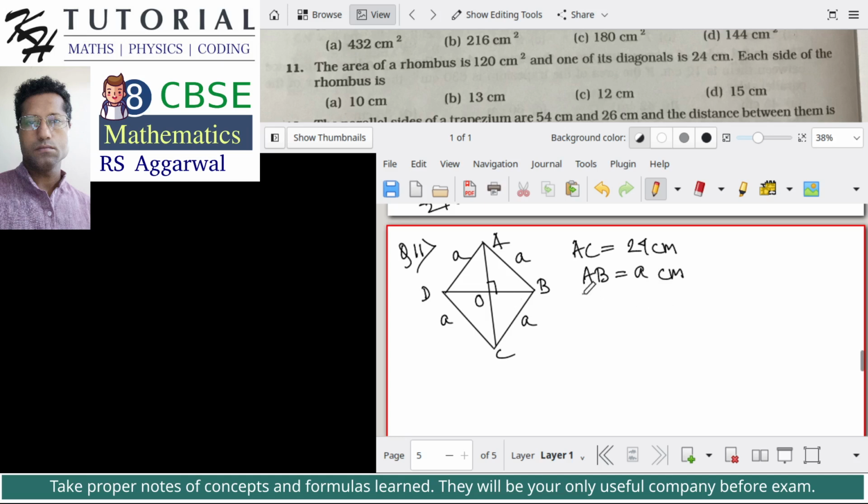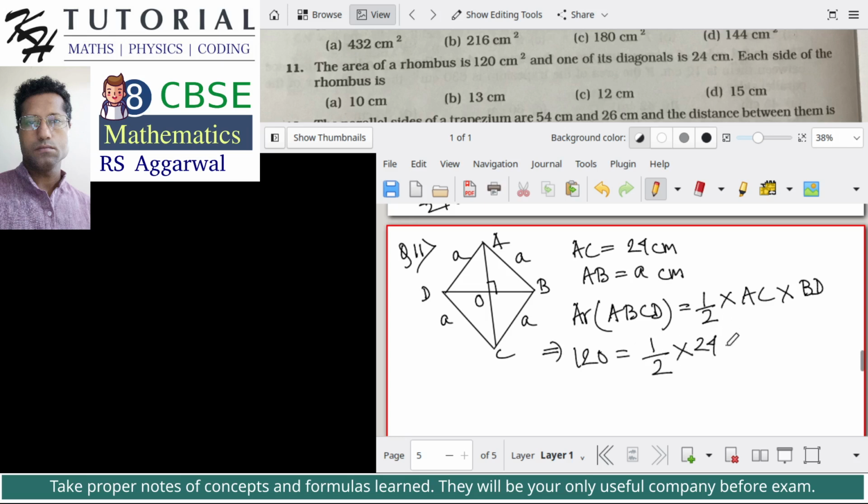Okay, now first of all we are given the area of the rhombus and the length of one diagonal is given. So definitely we can find the length of the other diagonal. So we know that area of rhombus ABCD is equal to half multiplied by the product of the lengths of the diagonals, which is AC multiplied by BD. So the area is given to be 120. 120 is equal to half multiplied by AC is 24 multiplied by BD.